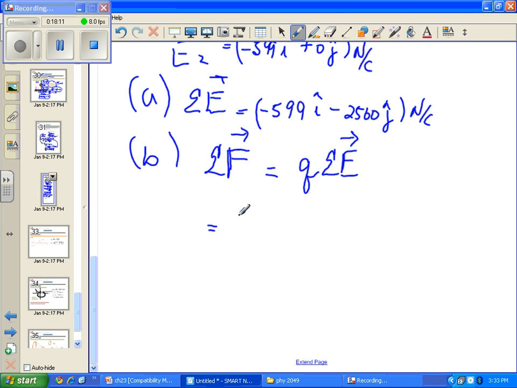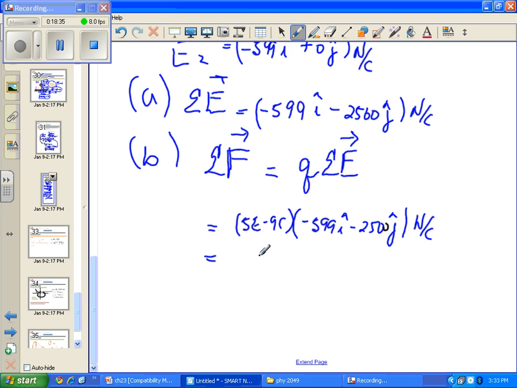Well, q is 5e to the minus 9 coulombs, and it's positive, so we don't even have to put a plus sign there. Times minus 599 i hat minus 2500 j hat newtons per coulomb.